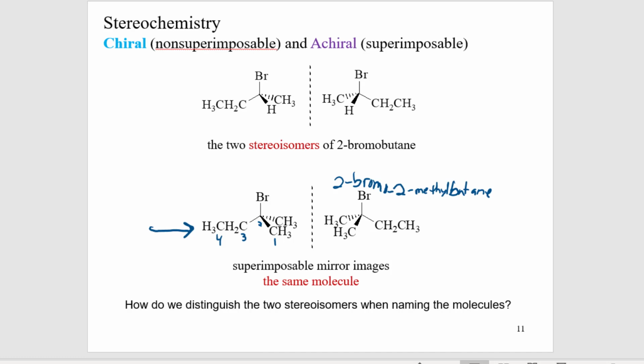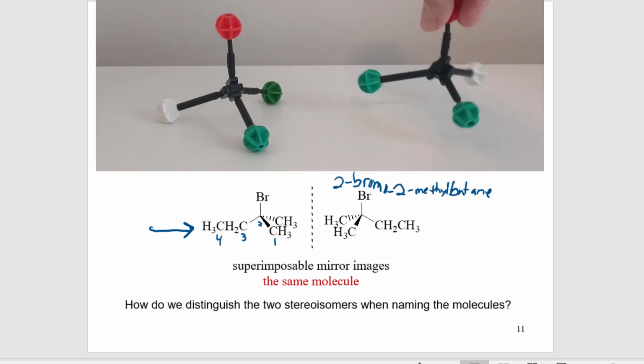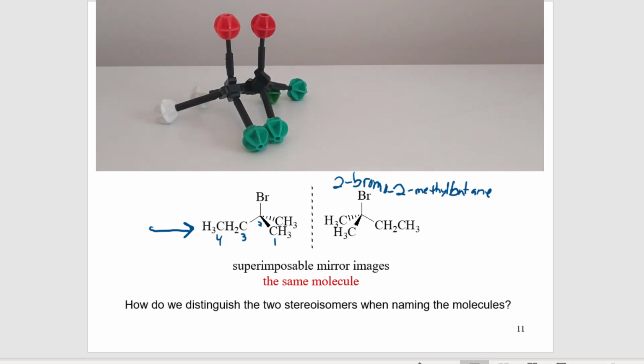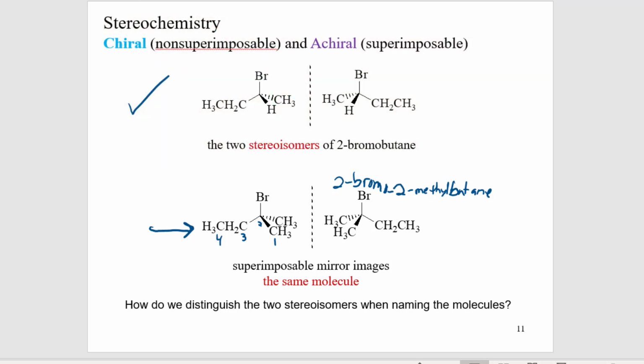And because the molecule can be superimposed, the other one in the mirror can be superimposed, it actually has the same name, 2-bromo, 2-methyl butane. They're the same molecule because you just have to take it out and bring it around and everything will overlay perfectly. That is not the case for this first example here.